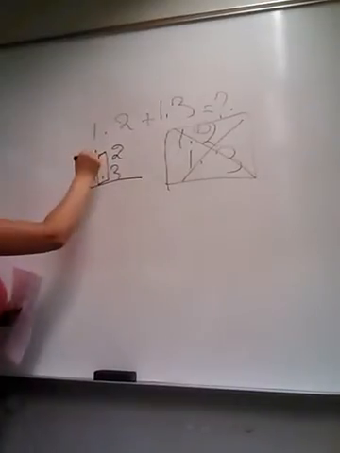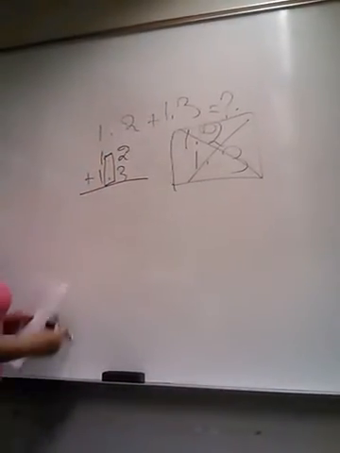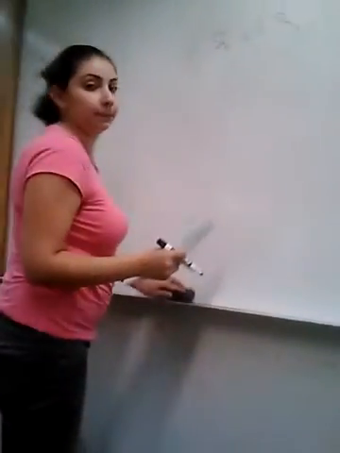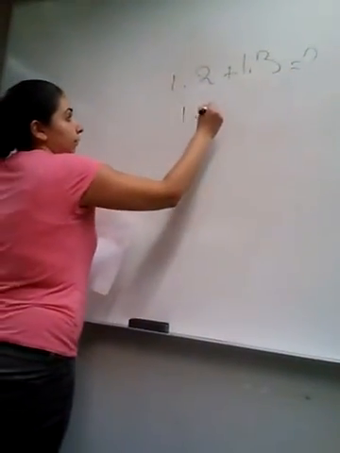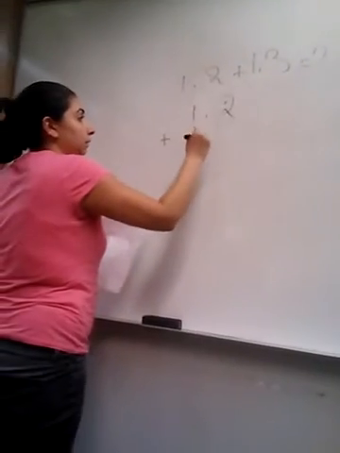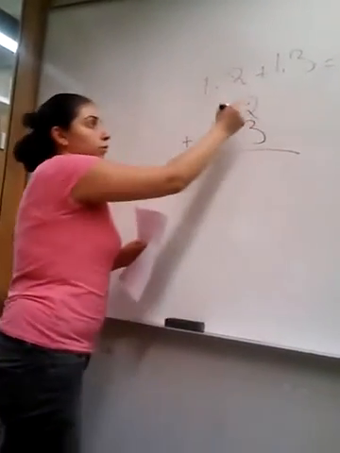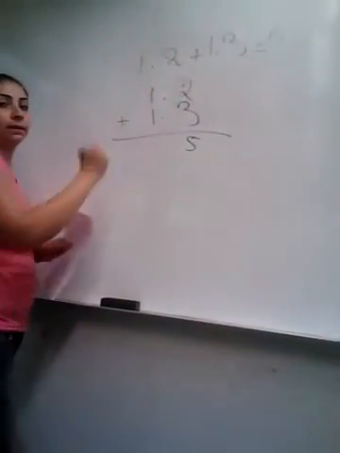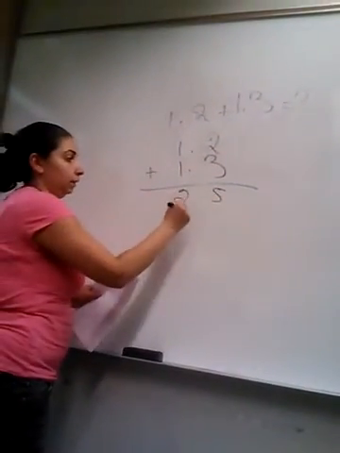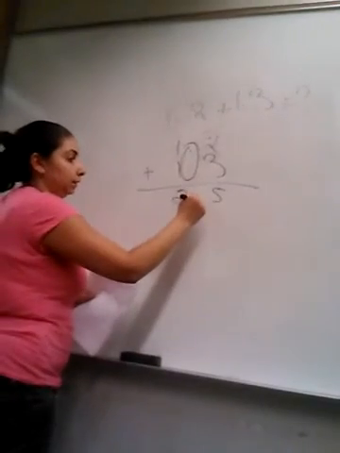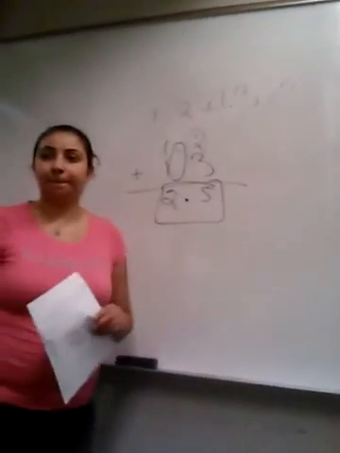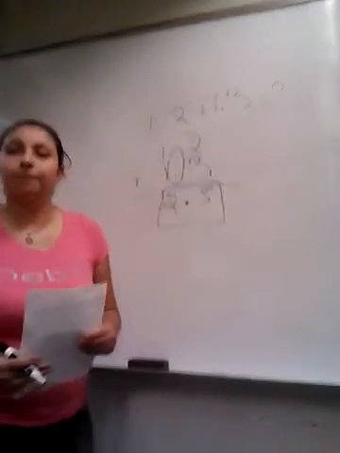So we add those two numbers: 2 plus 3 is 5, and 1 plus 1 is 2, and we put the dot, and we get 2.5. Any question? Okay.